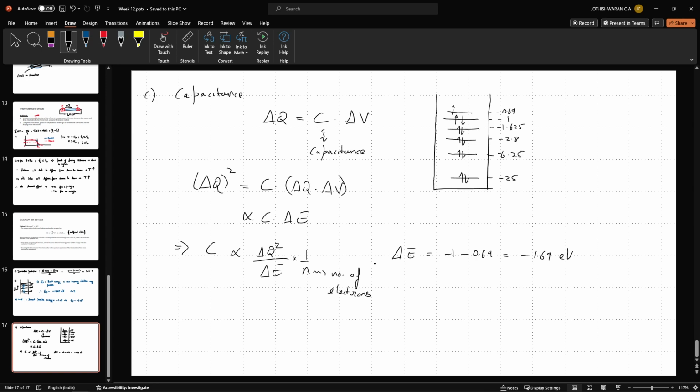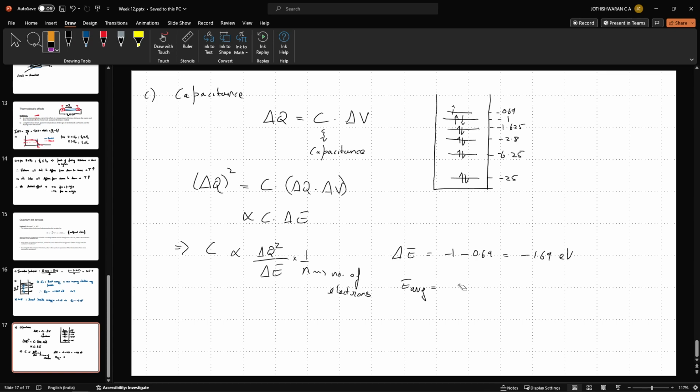Per unit charge, capacitance is coulomb per volt, and 1 Farad is essentially 1 coulomb per volt. So is it 1 Faraday or 1 Farad? 1 Farad, sorry, not Faraday. Faraday is magnetic flux. Apologies. So this is the energy change. On average, E average is minus 1.69 by 2, so that will come out to be 0.845.